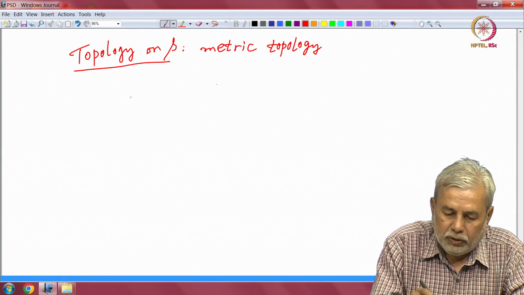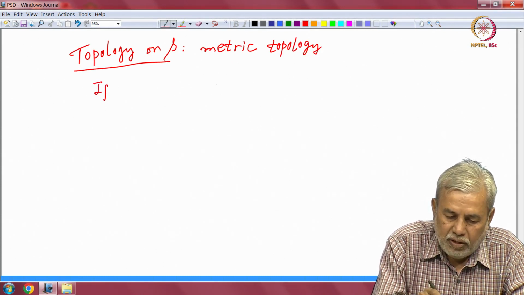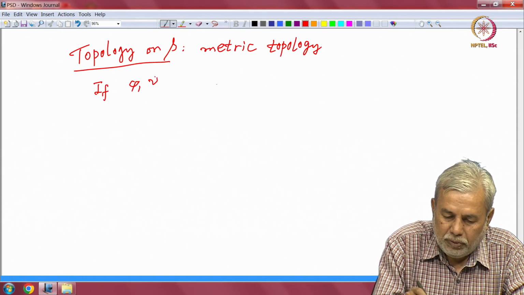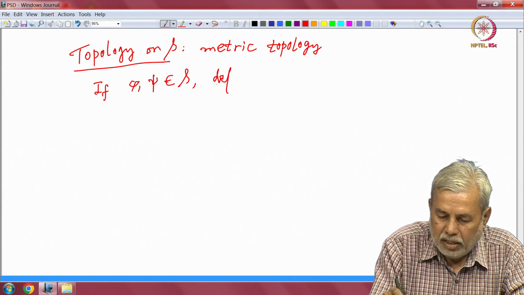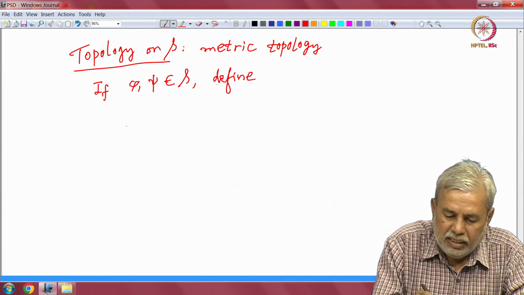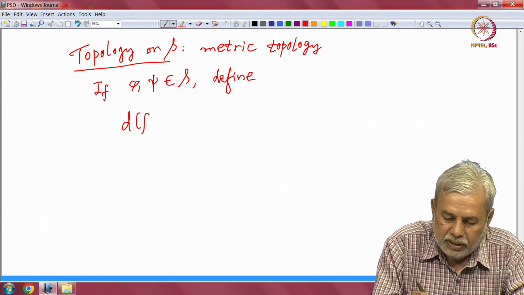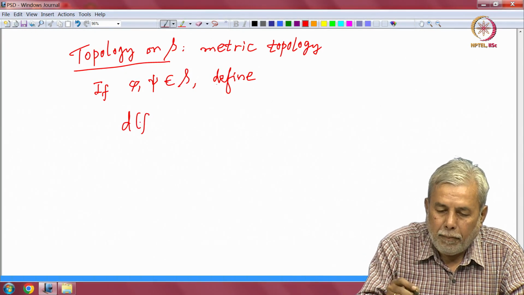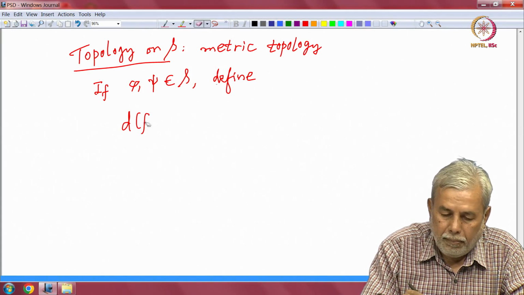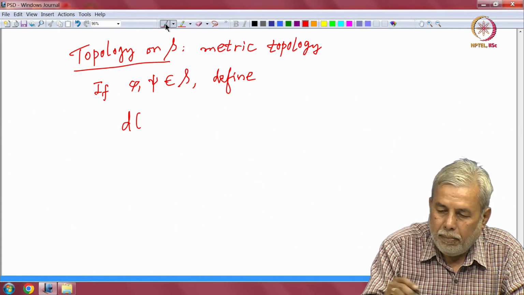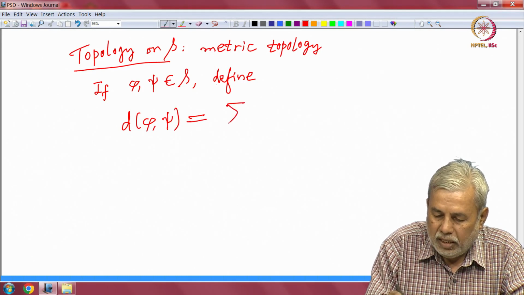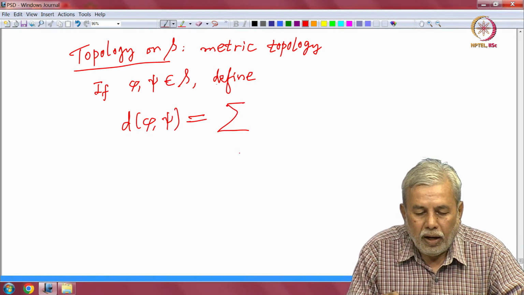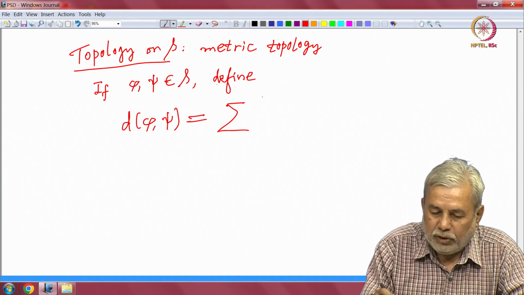Okay. So, if phi, psi belongs to S, define the distance. Okay, so d of phi, psi is equal to summation, now it will take all the derivatives of phi and psi.